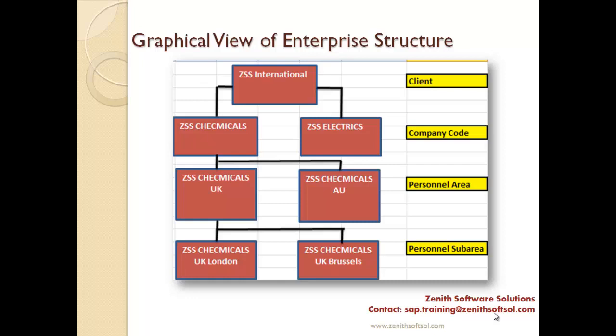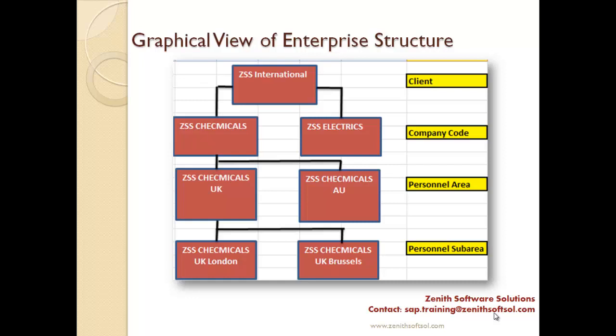One important thing here is, if you see, the personal area is assigned to one company code, meaning that the personal area ZSS Chemicals Australia cannot be assigned to both the company codes like ZSS Chemicals and ZSS Electrics. It will be assigned to only one company code, because company code basically takes care of the profit and loss transactions.